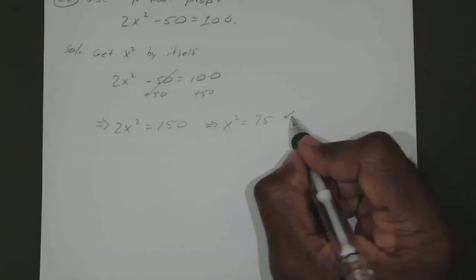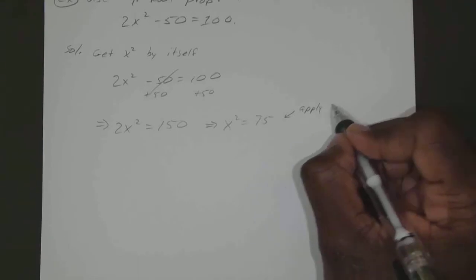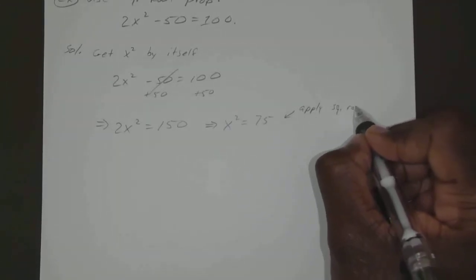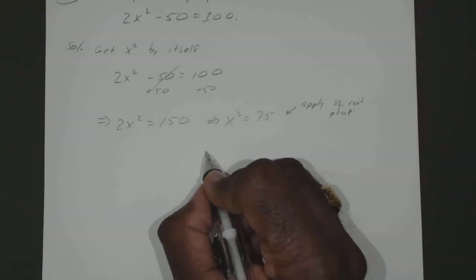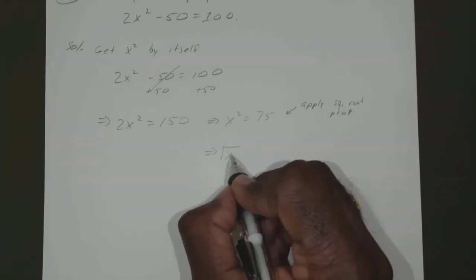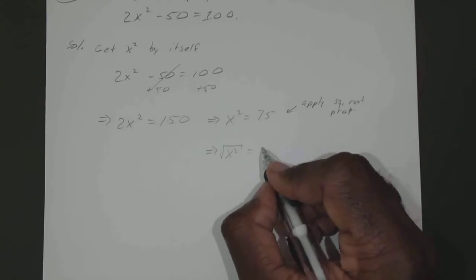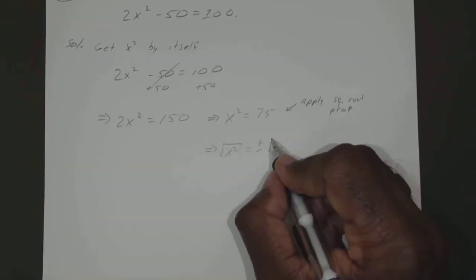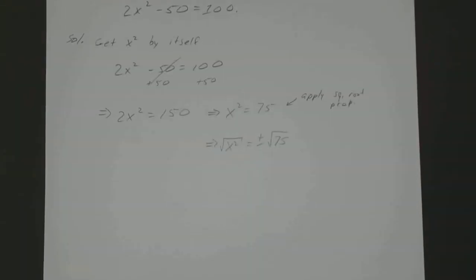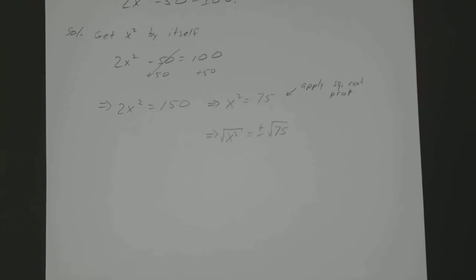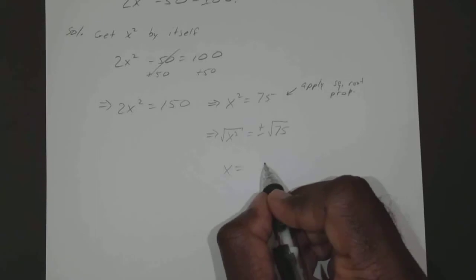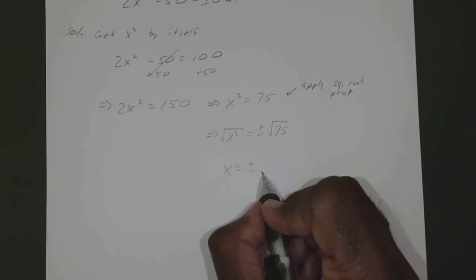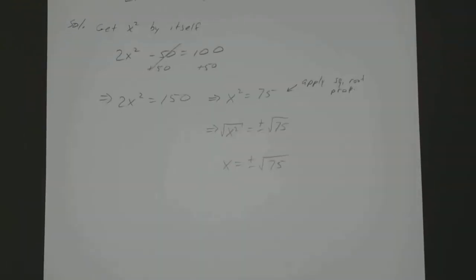Okay. So now we apply the square root property. So we have the square root of x squared equals plus or minus the square root of 75. Square root and square cancels out. So you have x equals plus or minus square root of 75.